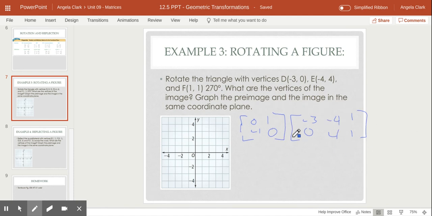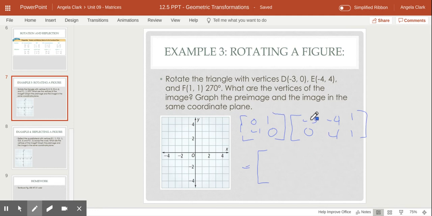Even if it would work to do it the other way around, don't. Always do the transformation matrix first and then the pre-image matrix. Always in this order. Then you will be multiplying this row times this column. So this is x and this is y. We're essentially taking y and moving it into the x location. So let's look at how that works.